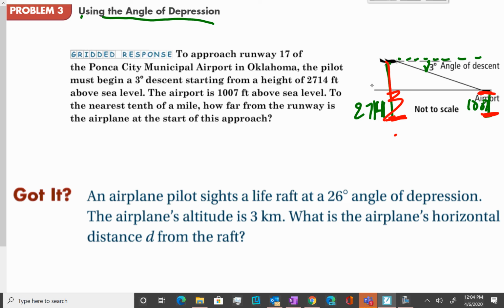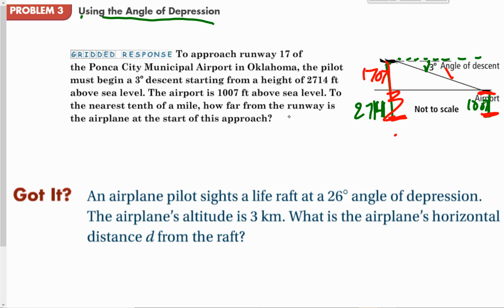So if we subtract those, 2714 minus 1007, that's 1707. And we're trying to find how far from the runway is the airplane. So here's the start of the runway, and we want to see how far the airplane is away.